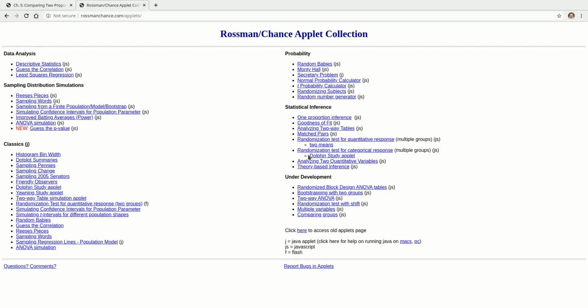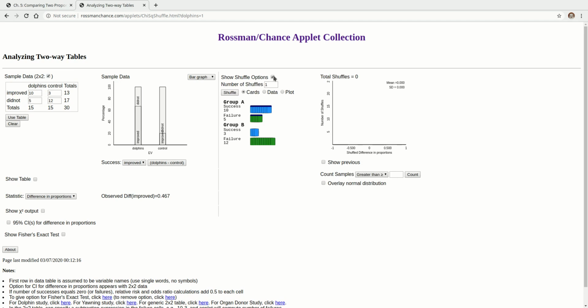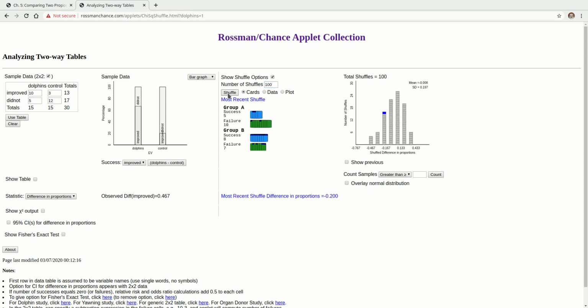We want the dolphin study applet. Okay, it's got our data already entered. So we would like to show shuffle options, and I'm just going to have it do 100 shuffles.